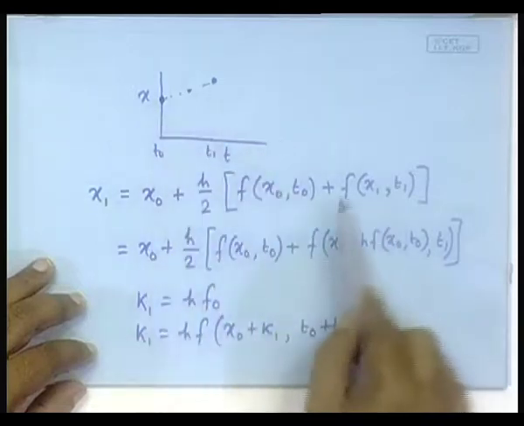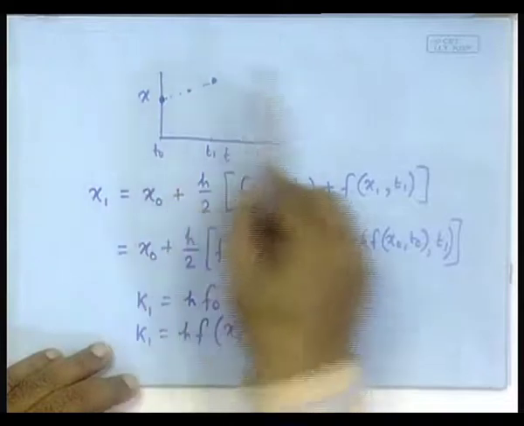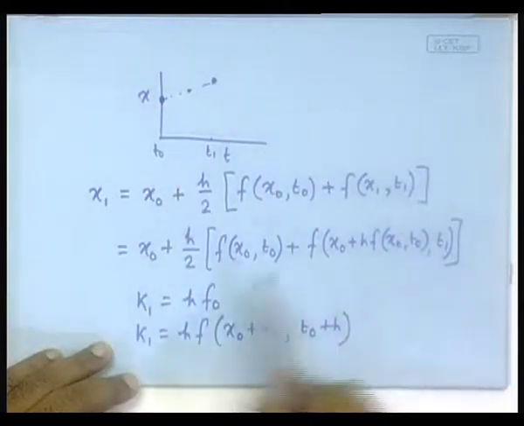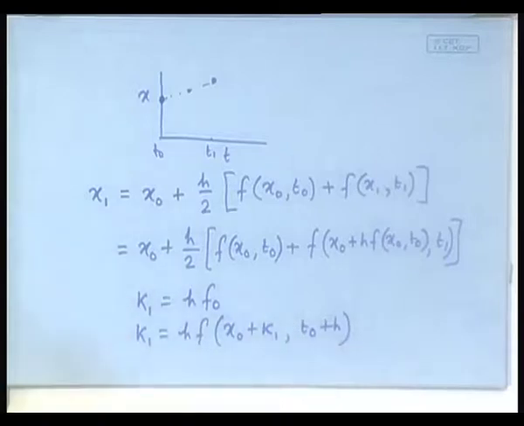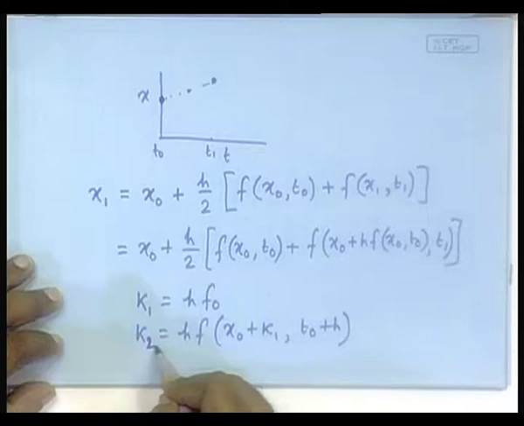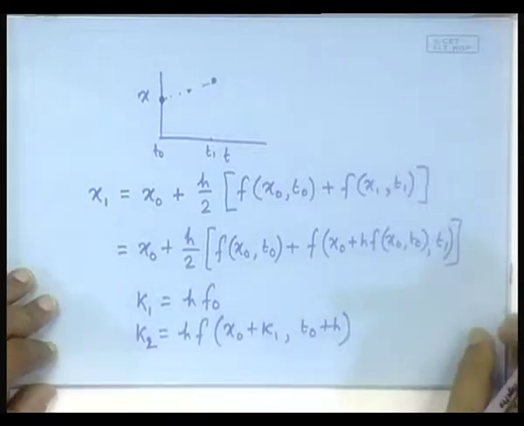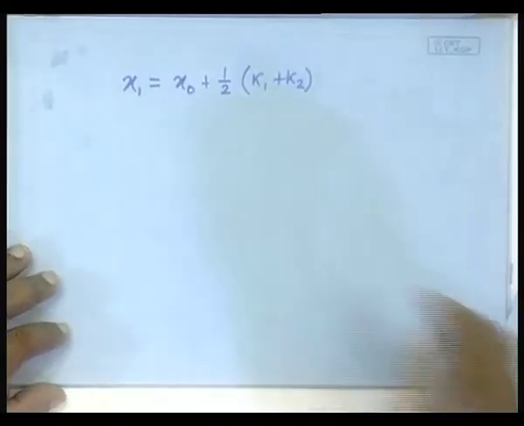So, you have a better approximation. Then we substituted from the Euler method whatever was this value, and then we wrote it separately this way. This part is this. So the second equation should be k2 is equal to... sorry, k2 is equal to. Fine. So, ultimately you have this.